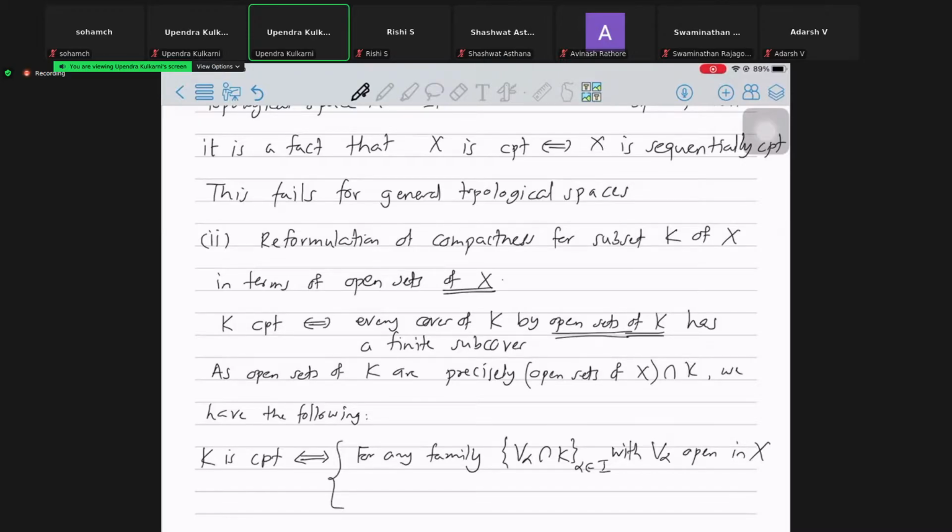If this family, every family like this with V alphas open in X, if it covers K, then there must be a finite subcover.